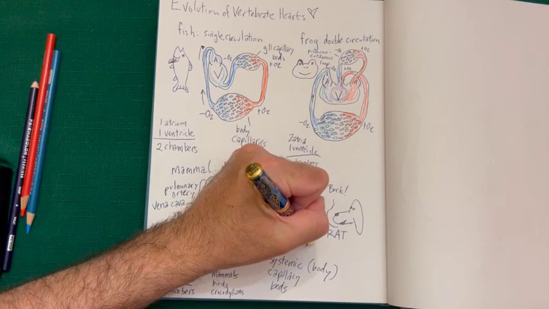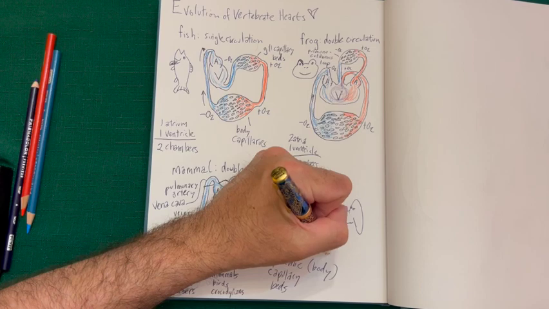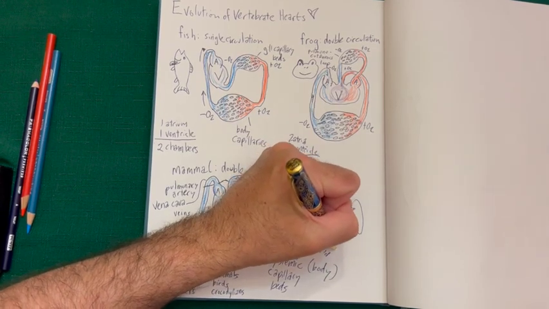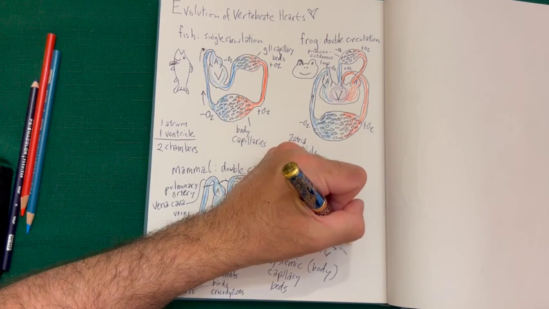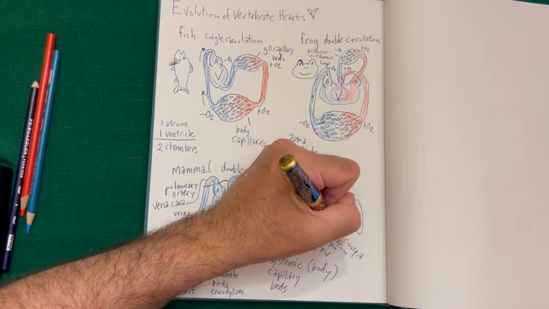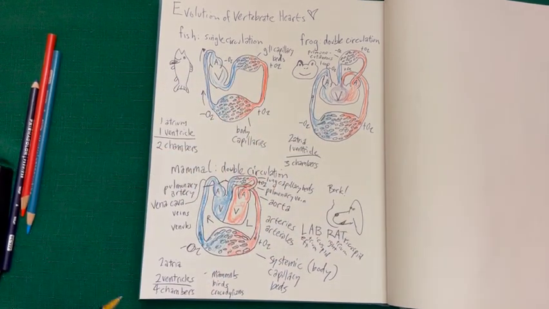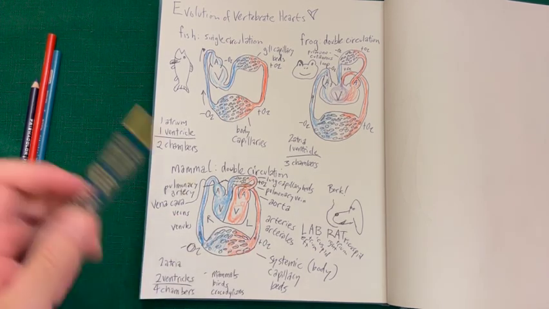Left atrium is bicuspid. The right atrium is tricuspid. All right, so there you go. Circulation and the evolution of it in different vertebrates.